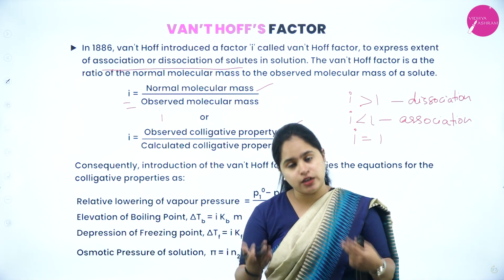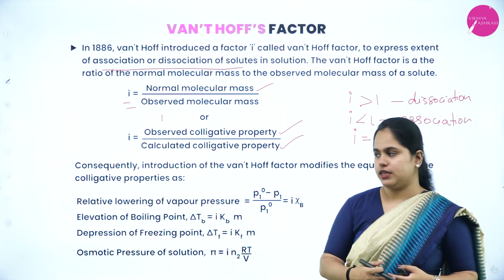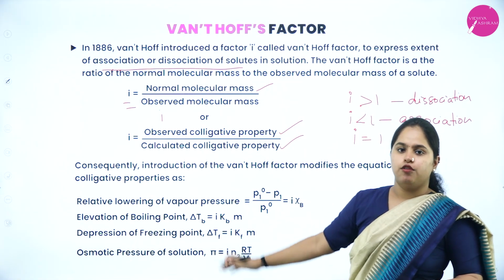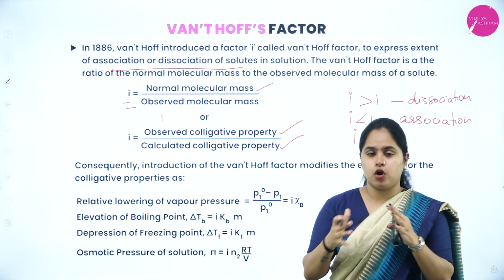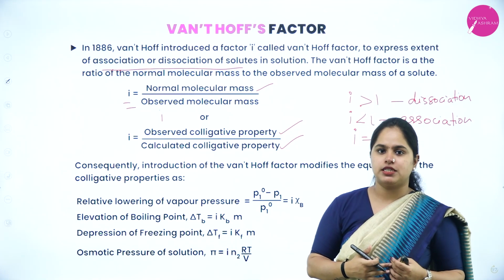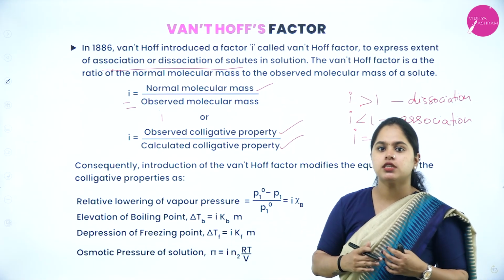Now this Vant Hoff factor is introduced into the 4 colligative properties, right? The introduction of the Vant Hoff factor modifies these 4 colligative properties. We know that the abnormal mass also has to be included in the calculation of the molar mass, right? So we introduce this i factor into each of these equations.